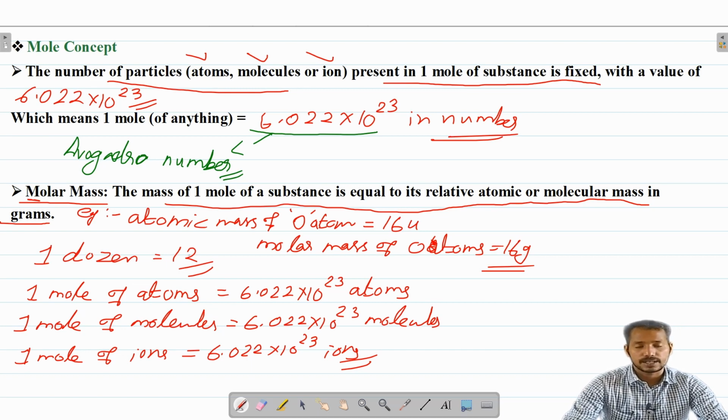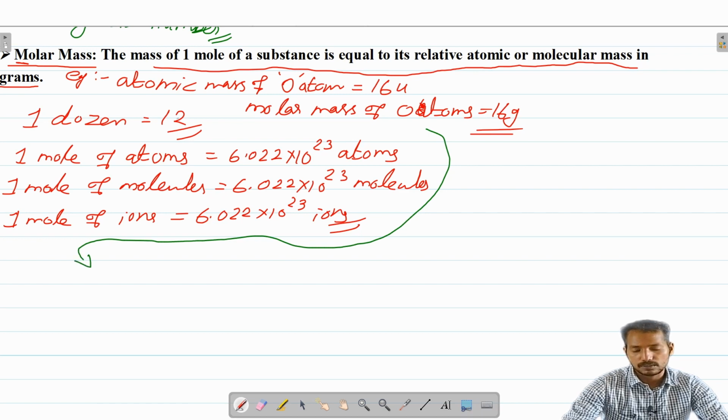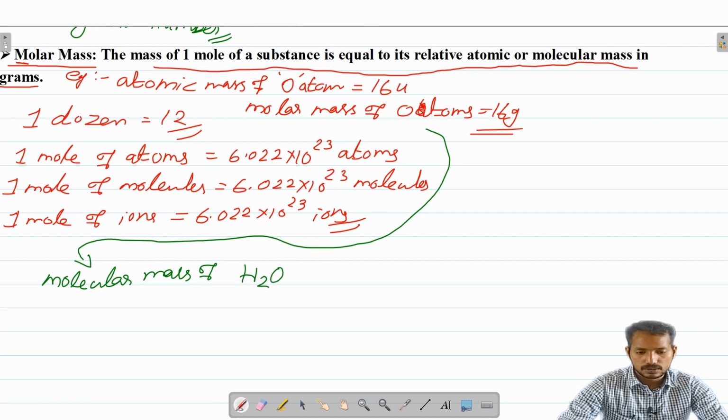One more example regarding the molar mass. The molecular mass of H2O is equal to, what is the mass of hydrogen? 1. So 2 hydrogens are there, 2 into 1, plus what is the mass of oxygen? 16, which is 2 into 1, that is 2, plus 16, which is 18.